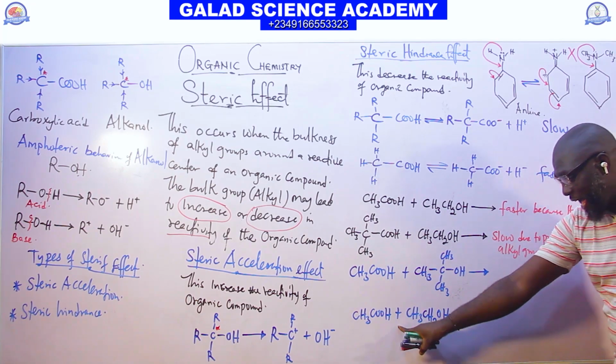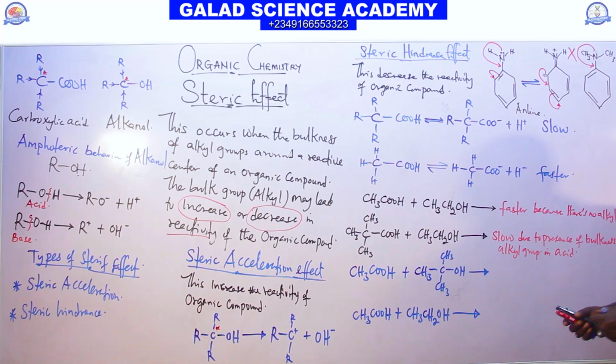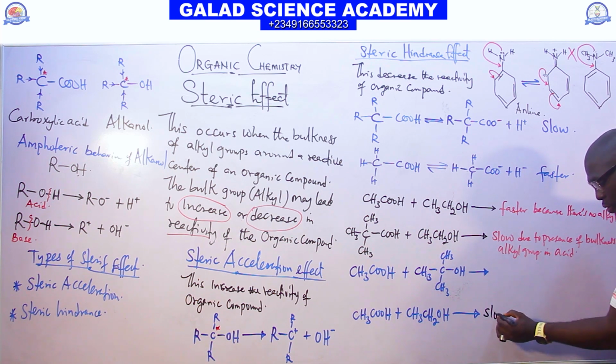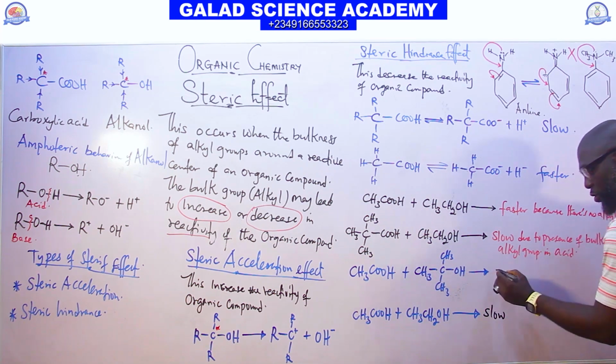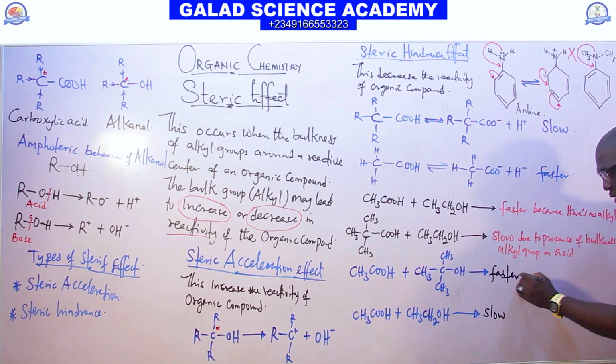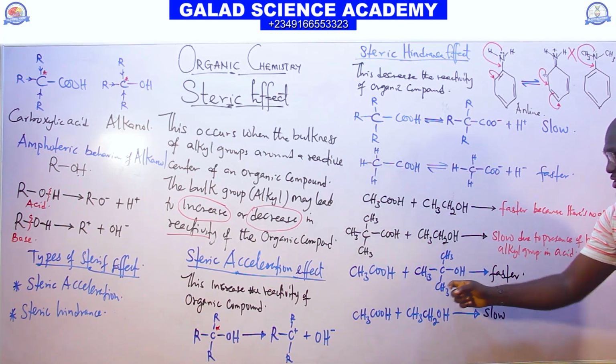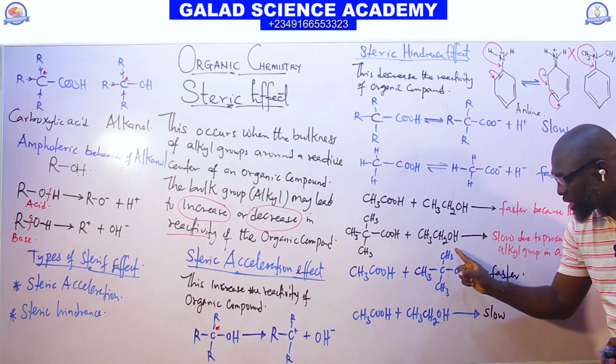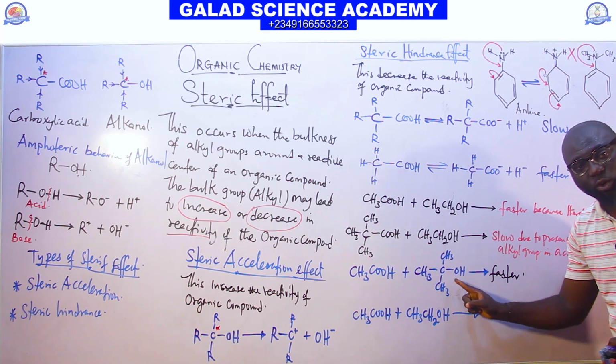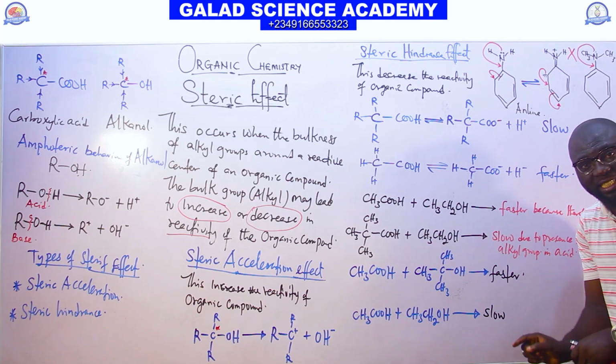If the two react here, don't be surprised. One will be slow, while the reaction here will be faster. What makes this reaction faster? Because of the bulkiness of the alkyl group here, in the alcohol.